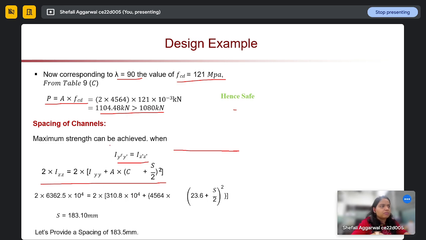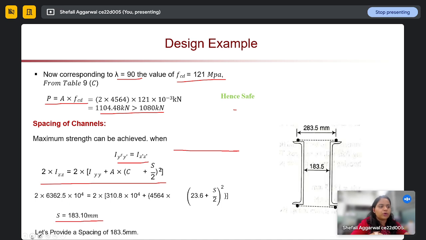The area of the channel section and the C value are given in SP 6, and then S we have to calculate. From here we get spacing as 183.10 mm. Based on this, we are providing a spacing of 183.5 mm. So if these are two channel sections, the spacing between them is 183.5 mm.